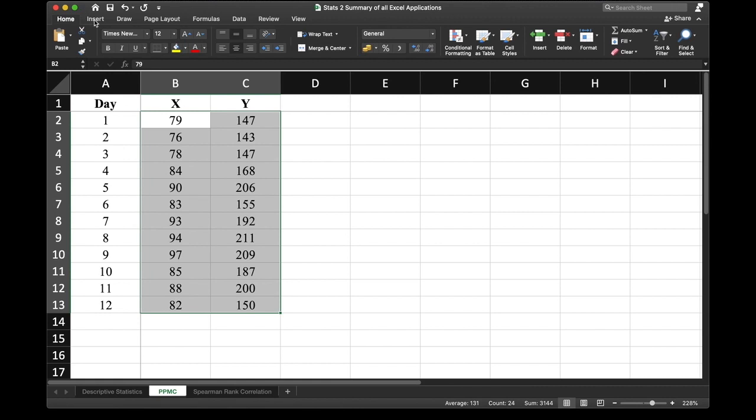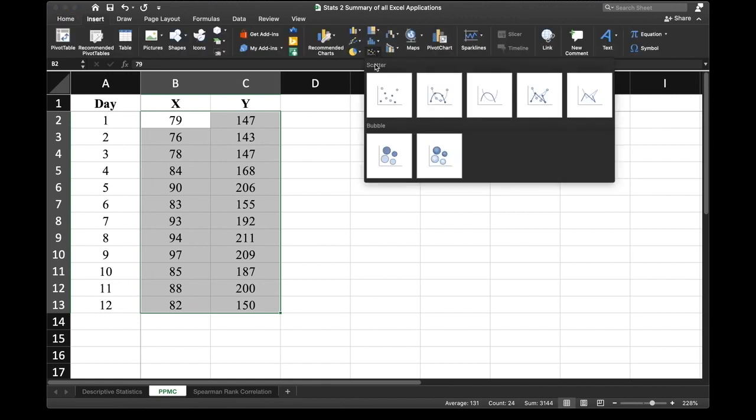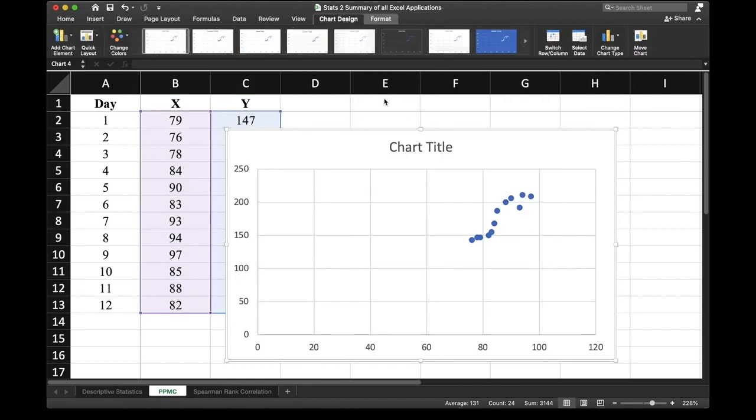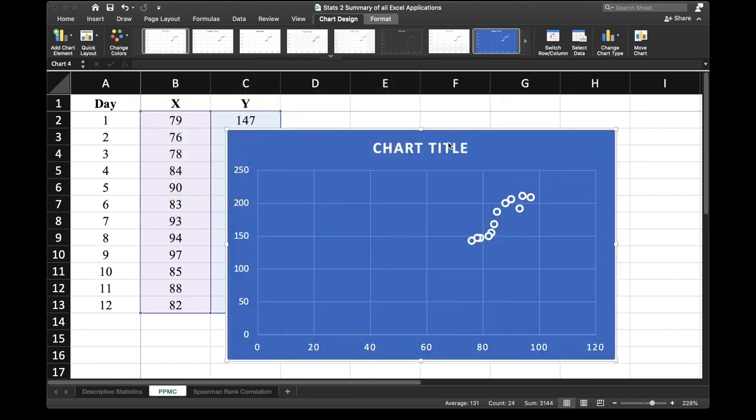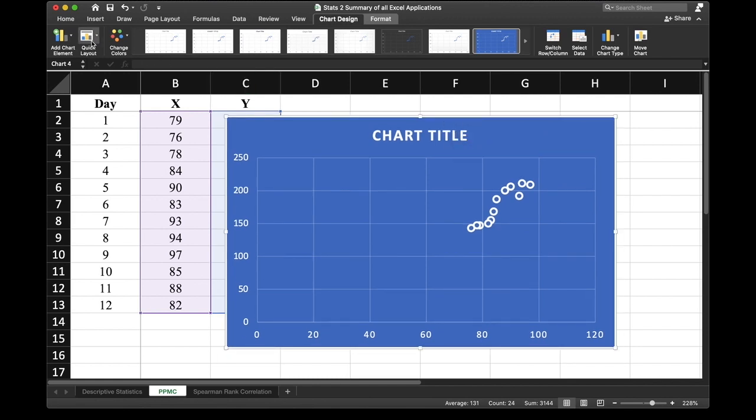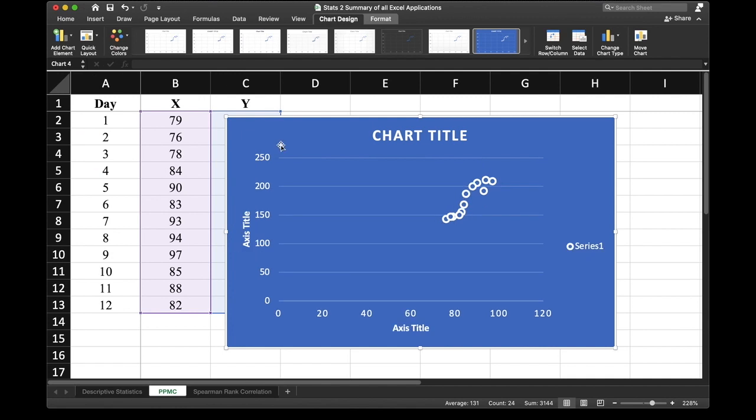And insert, click insert. Then, we have here scatter. No? And that's it. Pili na lang kayo dito ng design. Kung anong gusto nyong design, ito piliin natin. No, we don't have any chart title here. Pwede naman tayong maglagay ng chart title if you want.